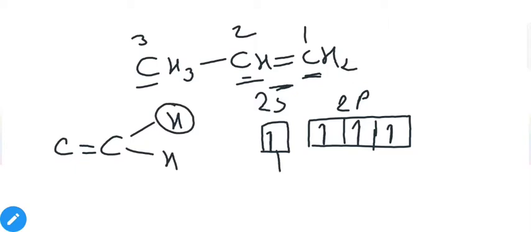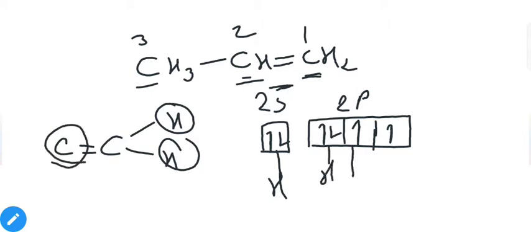One bond will be formed with hydrogen, so hydrogen will provide its electron, second with hydrogen again. Then next we have 2 bonds with a single atom, which is carbon. So with carbon it will form a double bond, so the second carbon will share 2 of its electrons. So this is our electronic configuration of carbon 1.